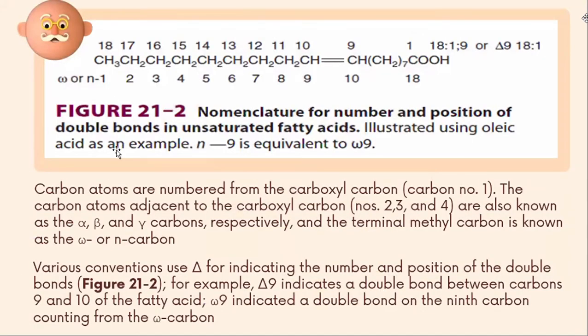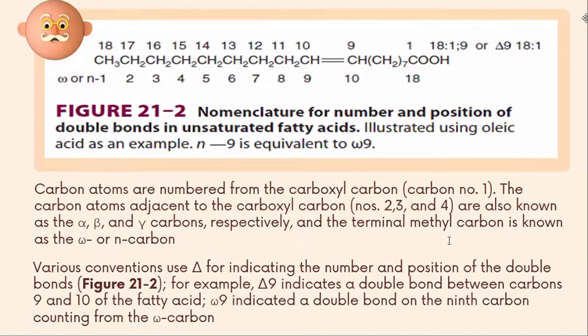So here at figure 21-2 is the nomenclature for the number and position of double bonds in unsaturated fatty acids. It has also been discussed a bit in the video. Carbon atoms are numbered from the carboxyl carbon, number 1 on this side, and the carbon atoms adjacent to the carboxyl carbon, numbers 2, 3, and 4, are also known as the alpha, beta, and gamma carbons, respectively.